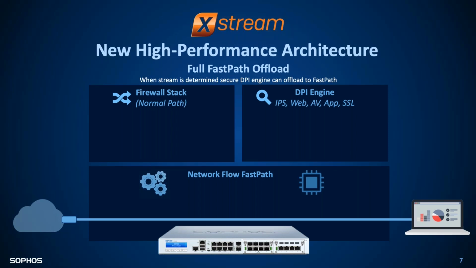So part of the fastpath offloading technique also involves our Sophos Labs signatures that get updated with the XG firewall, and this heavy traffic, which is always trusted, can significantly improve the performance of the firewall, so it can be used for other purposes.